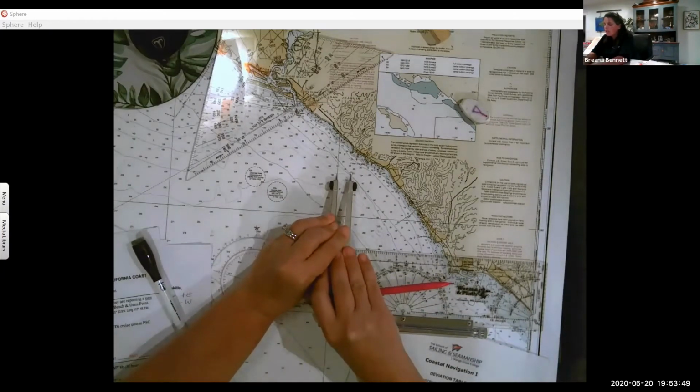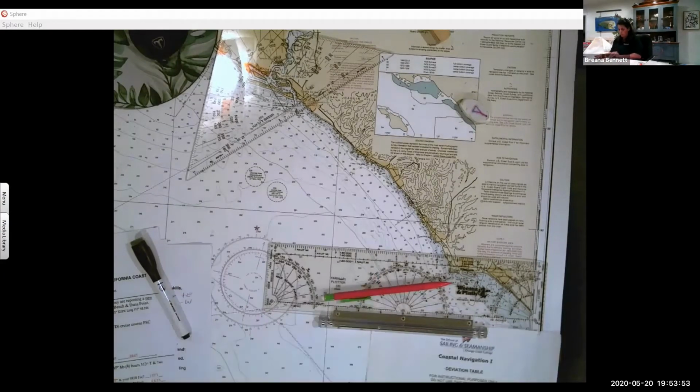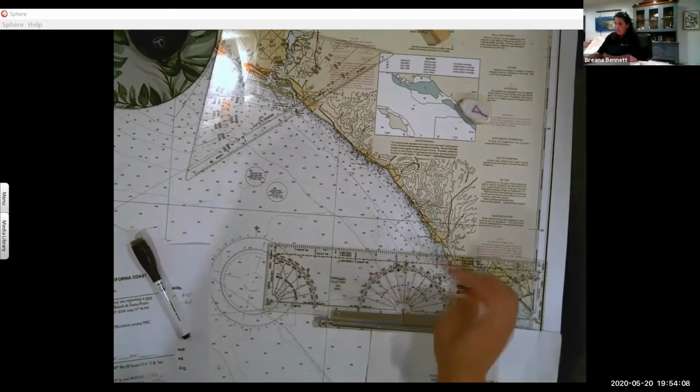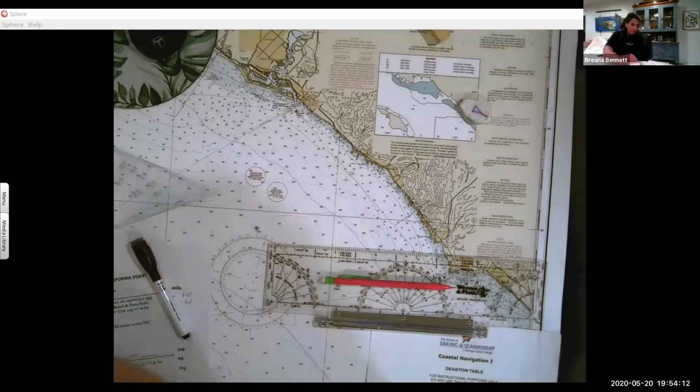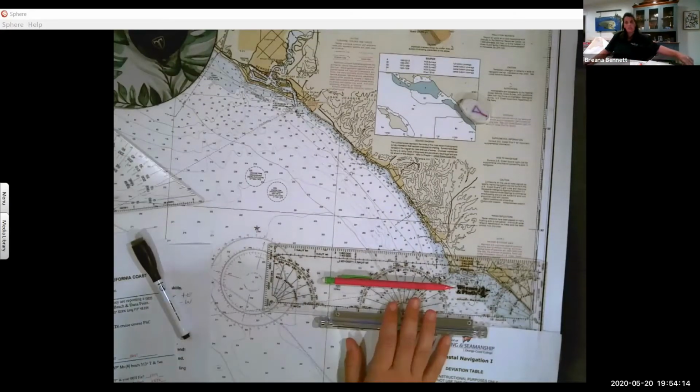The longitude, 117, 49.2 or 3. And then we need the time. So to do time, we need distance.